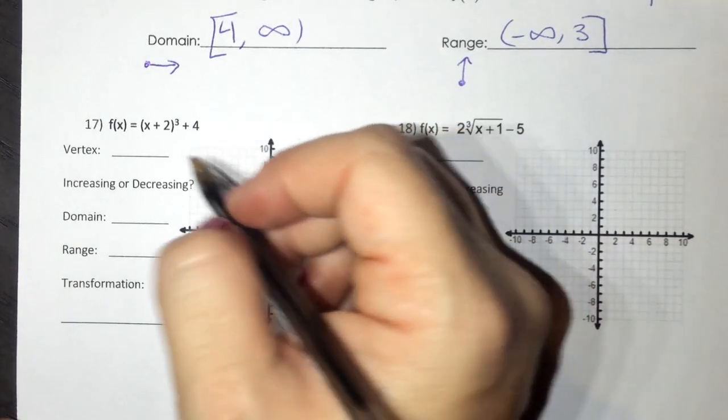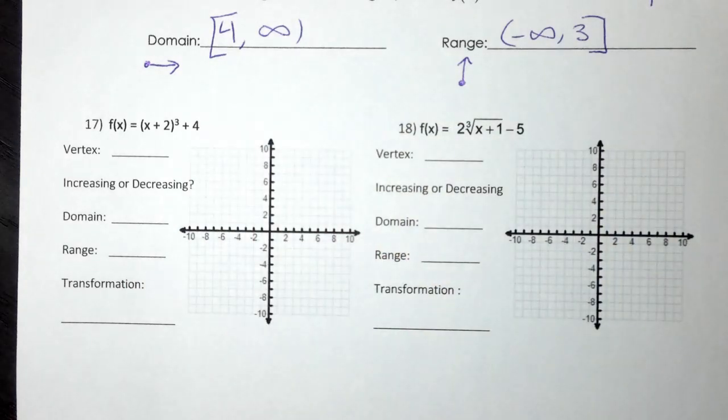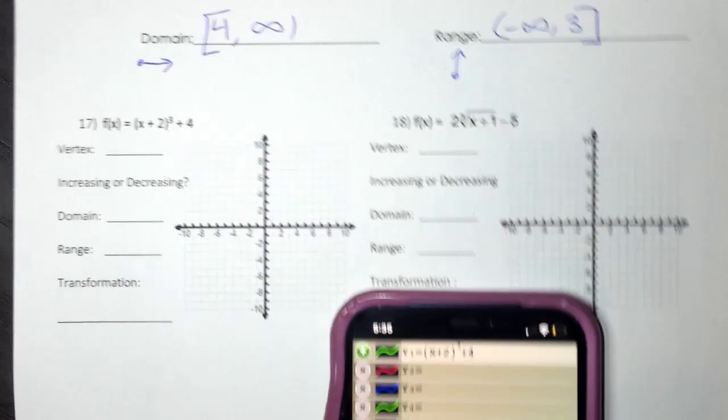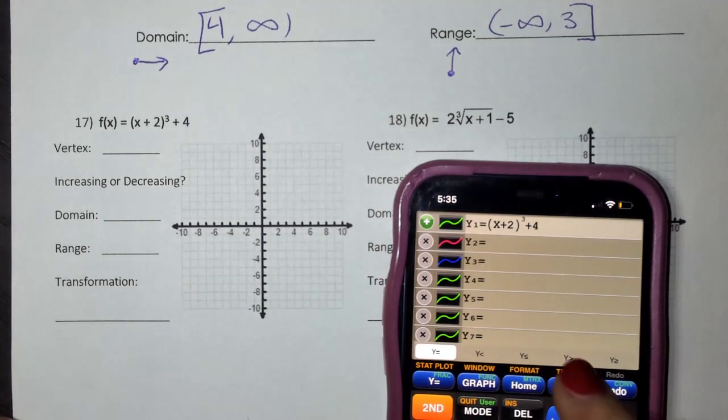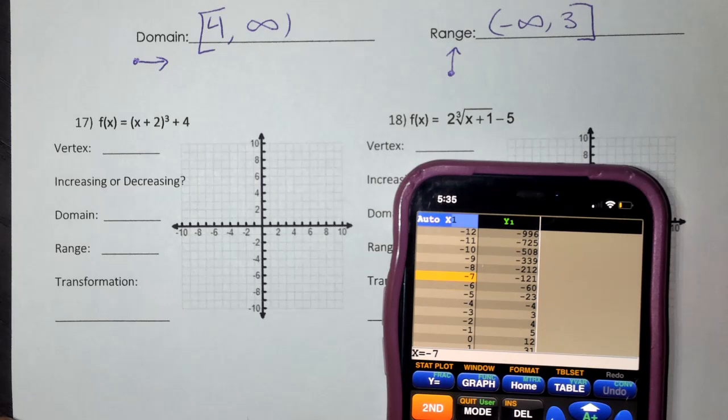Okay, here, let's graph it. Use my calculator. So I have x plus 2, close parentheses, to the 3rd power, plus 4. So I just typed it in my calculator. And then I'm going to go to my table, and I'm just looking for points I can plot.